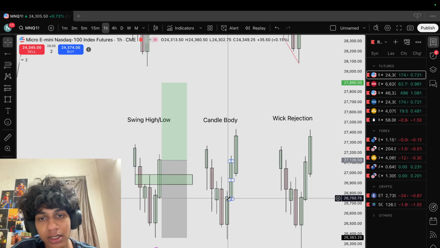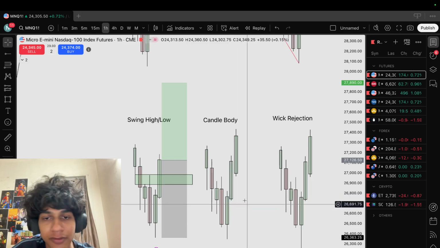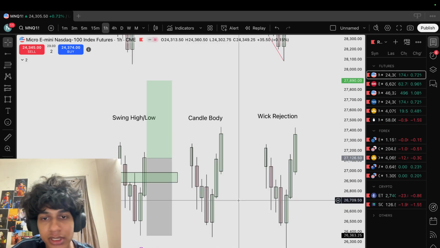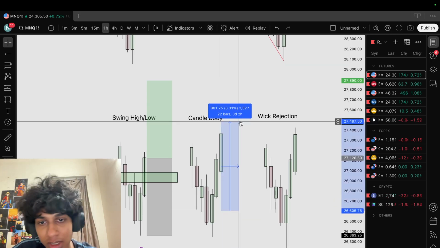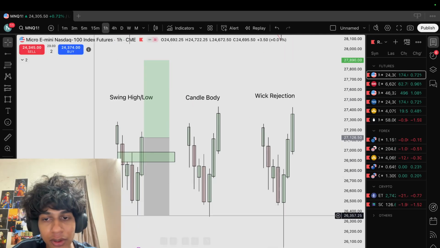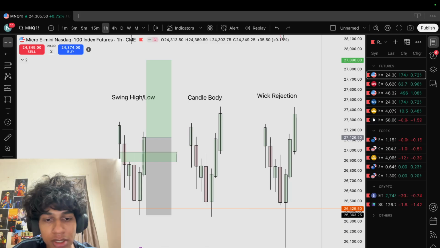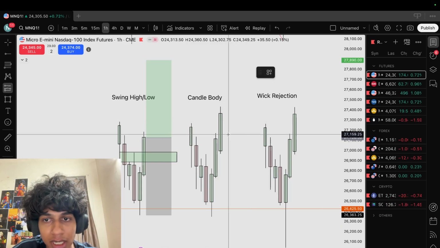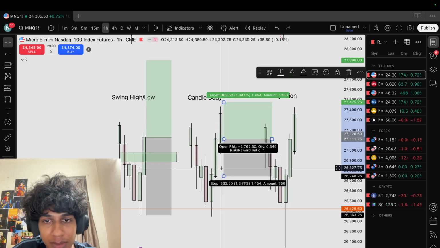So what if I tell you that you can increase your win rate and risk to reward? The second thing: if you can confirm that the candles are closing strongly, your draws are picture-perfect clear, and you hit a very good key level, what you can do is keep the stop loss at the candle body. Let's take the same example.